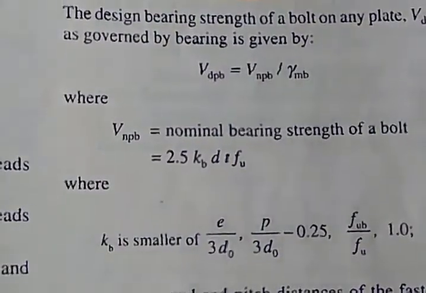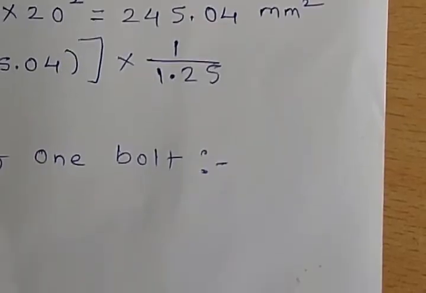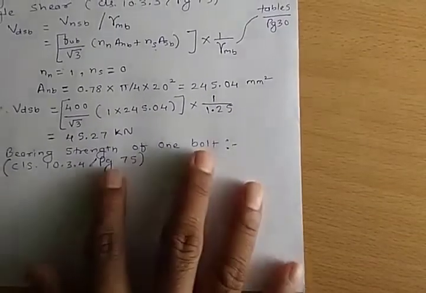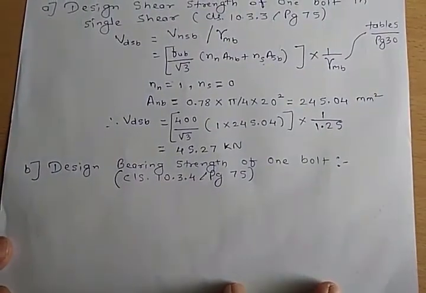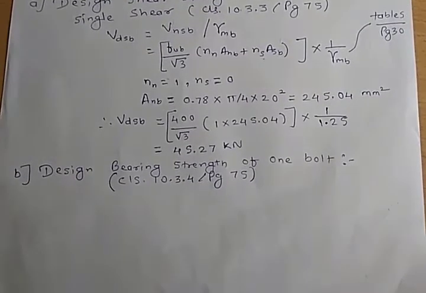If we look at this formula, we need to put in all the parameters, and once we put them in, we can solve for the design bearing strength of one bolt.